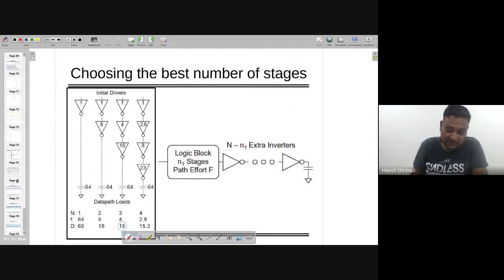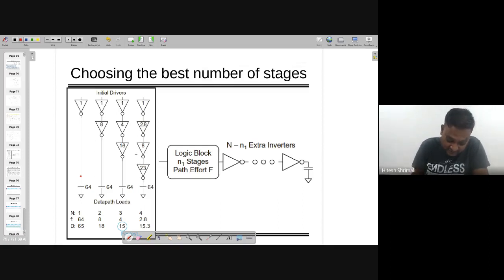So that is what this is saying, that if you have different driver circuits, one has only one inverter which is driving 64, like this is the capacitance value, and if you have 2, 3, or 4 stages, all have some different ratio given over here.